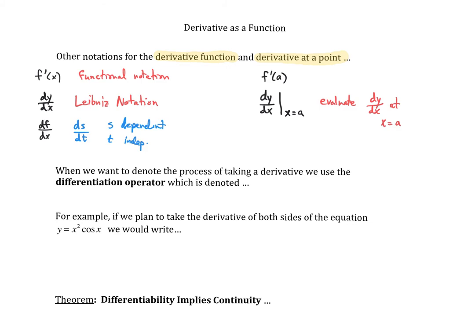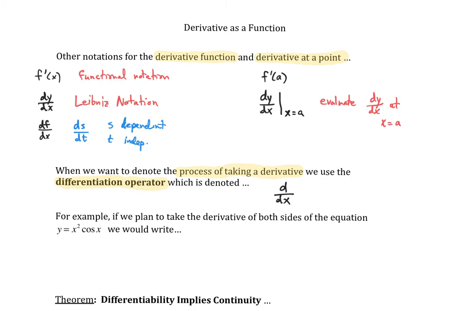Sometimes we want to denote the process of taking a derivative. And when we want to denote the process of taking a derivative, we use something called a differentiation operator. The differentiation operator is basically denoted d dx. So when you look at the Leibniz notation, you can really think of it as saying, take the derivative d dx of y, or take the derivative d dx of f.